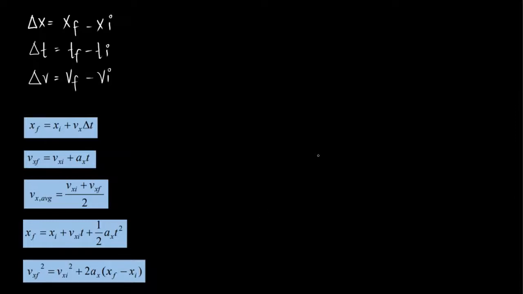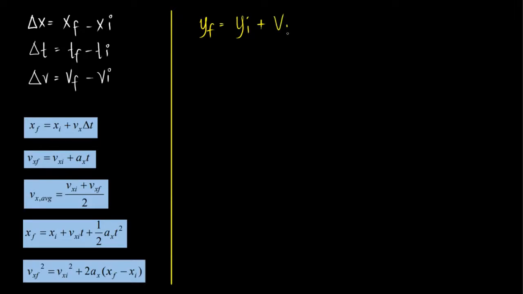Now, if you want to make formulas for your free-falling bodies, instead of using x, we are going to use y. So with that, ang aton diri nga mga formula are now yf is equal to yi plus vy, delta t.